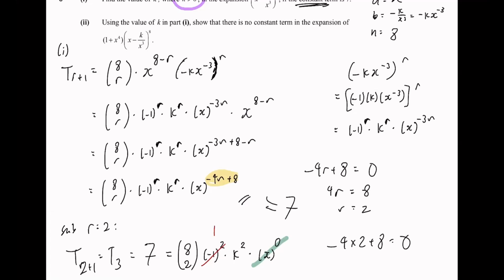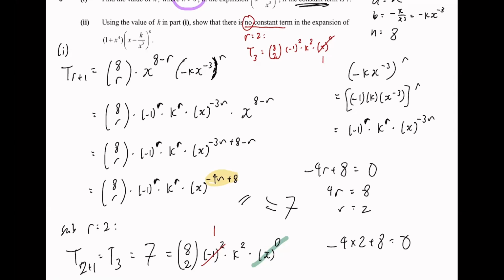We concluded r equals 2, right? So that means T3 will be 8 choose 2 times x power 8 minus 2 is 6 times, oh wait, I can just use the final formula. -1 power 2 times k power 2 times x to the power of 0, which is a constant.